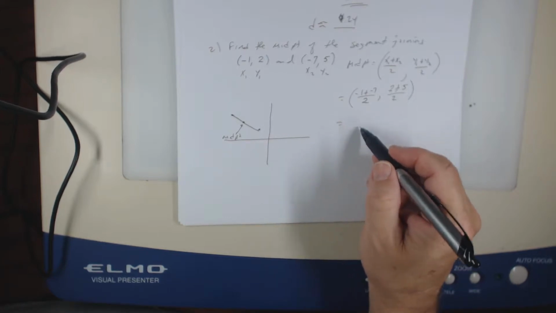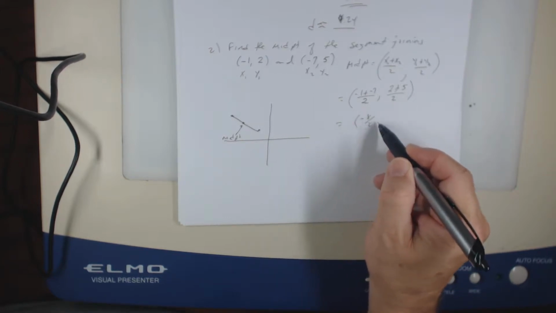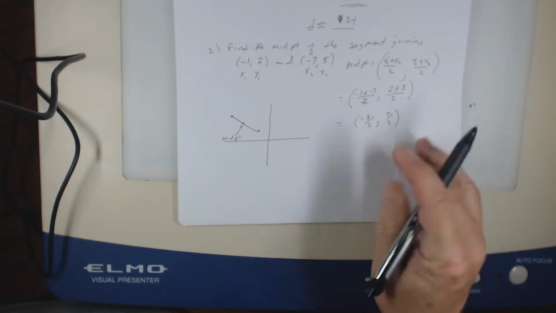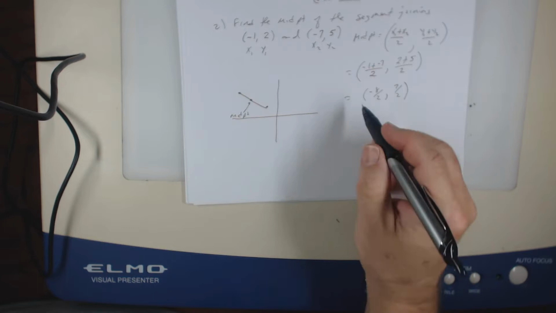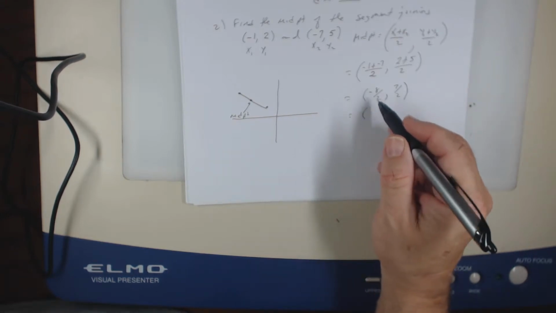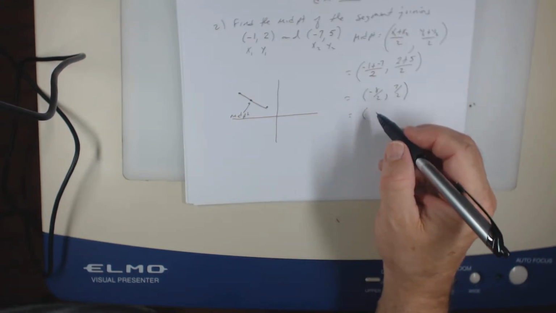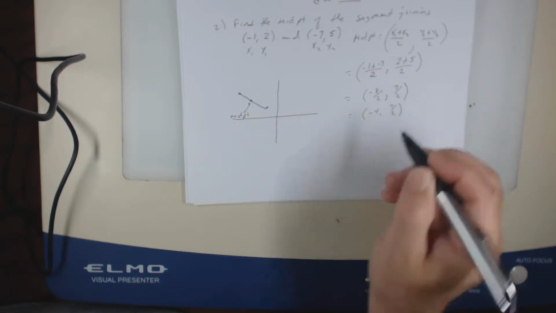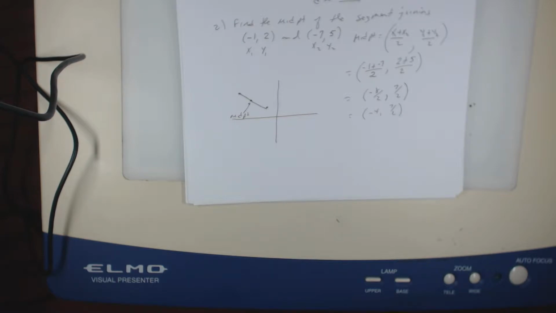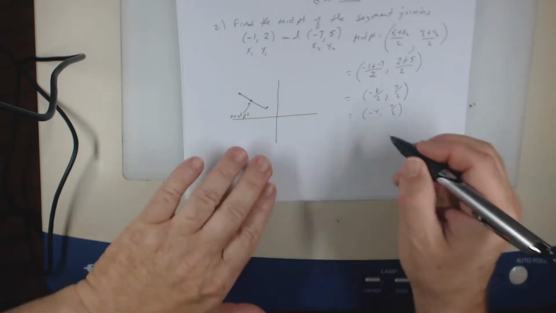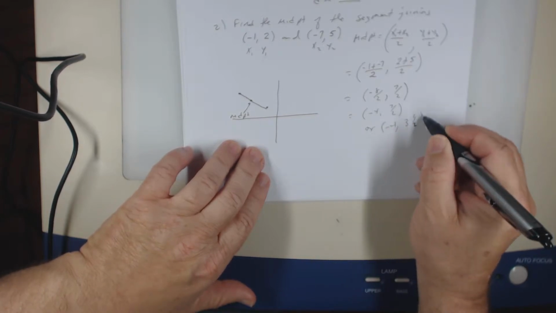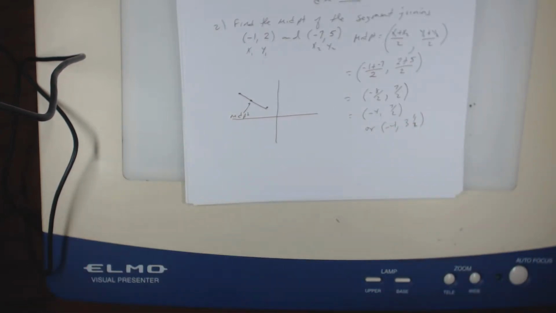And simplify this, so that's -8 divided by 2, comma, 7 divided by 2, right? I expect you to know that -8 divided by 2 is -4, don't leave it as -8 divided by 2. Now you can leave 7 halves, that's 7 halves though, or you can write it as a mixed number. As a decimal, it will be what? 3.5. All right. Okay, so that's that part of the worksheet I asked you to work on.